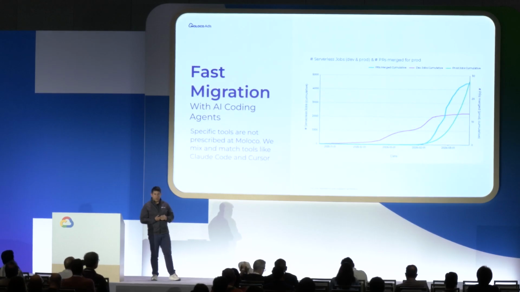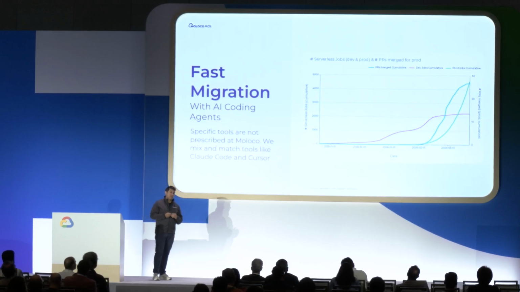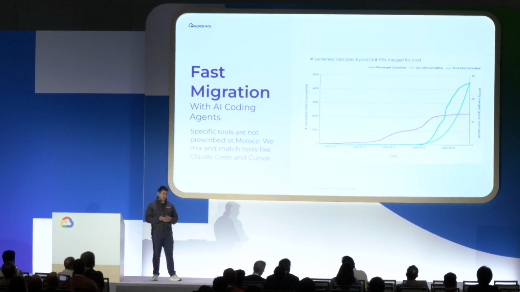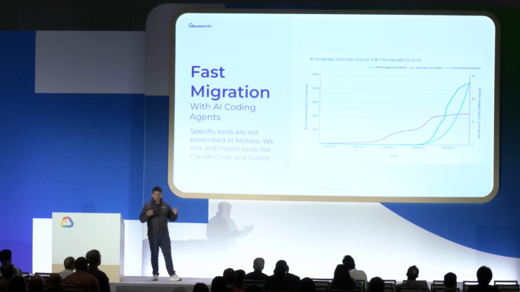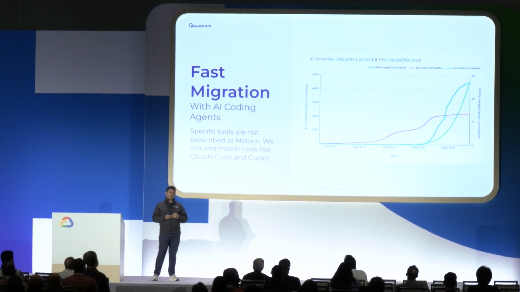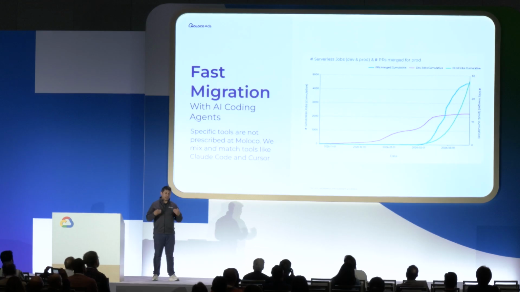So one of the great things about being in an agentic world is that we had very ambitious plans. We have tons of pipelines. But how do you go from your previous system to the current system, which is now serverless Spark? Yeah, we took advantage of a lot of AI coding tools. No surprise to anyone here. But we were surprised at the level that we were able to accelerate through this as developers got better at our internal tools and our internal workflows got better.